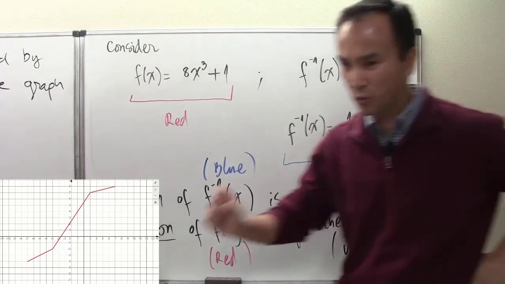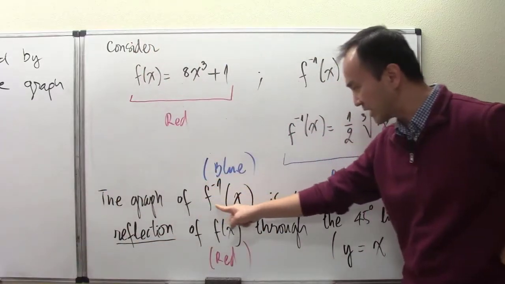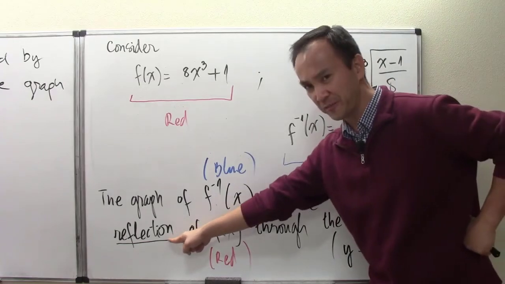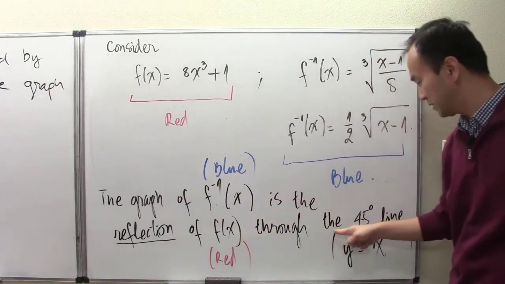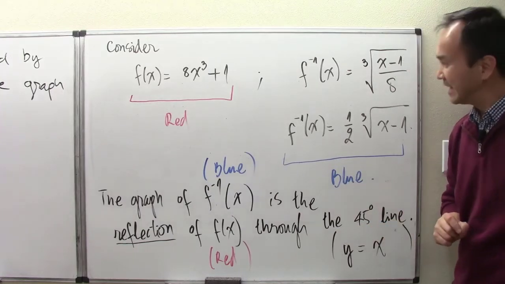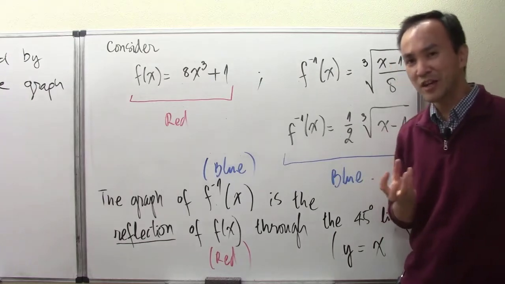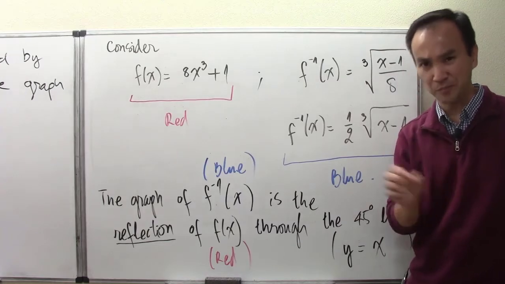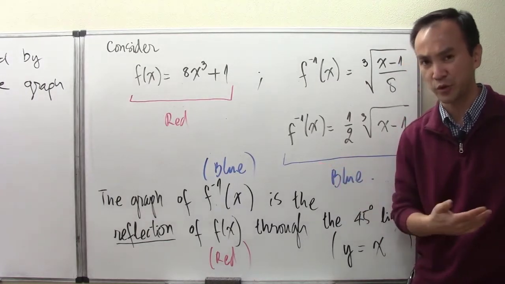From what we have drawn as a conclusion, the graph of the inverse function is always the reflection of the original function in red through the 45-degree line. I introduced that technique about constructing a table using the guiding points back in my lecture when I was going into real detail about how to make transformations of a graph.